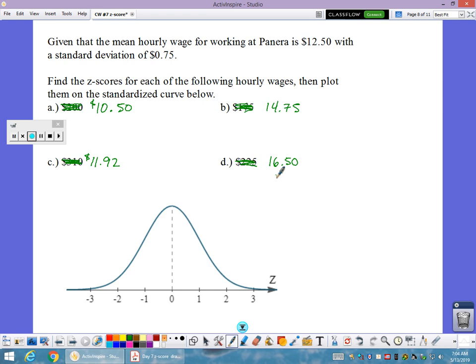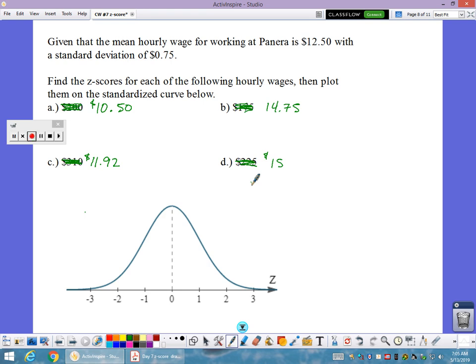Oh, that's gonna be way high. That's gonna be hard to plot. Okay, let's say we'll just say $15. All right, so that'll be better. Let's go ahead and correct that, please.